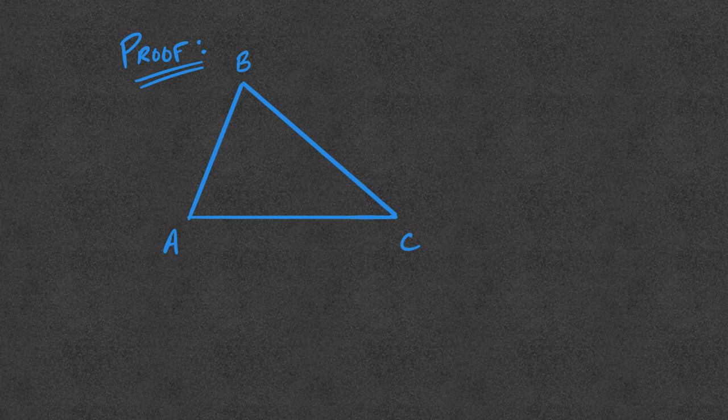I could drop this height from any vertex, but visually I'm just going to drop it in from B. You could extend an altitude from any vertex. There is my height, and just like last time, I'm going to call that H. I'm going to mark it as a height by marking that as a right angle. There we go.